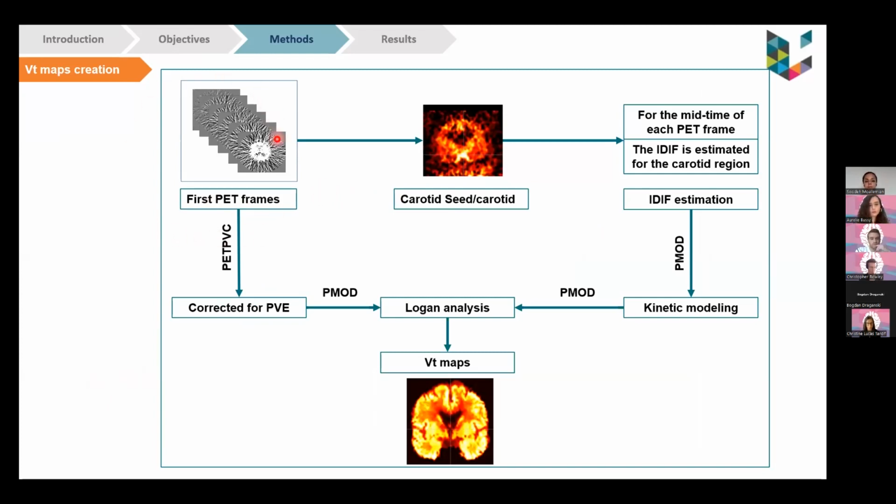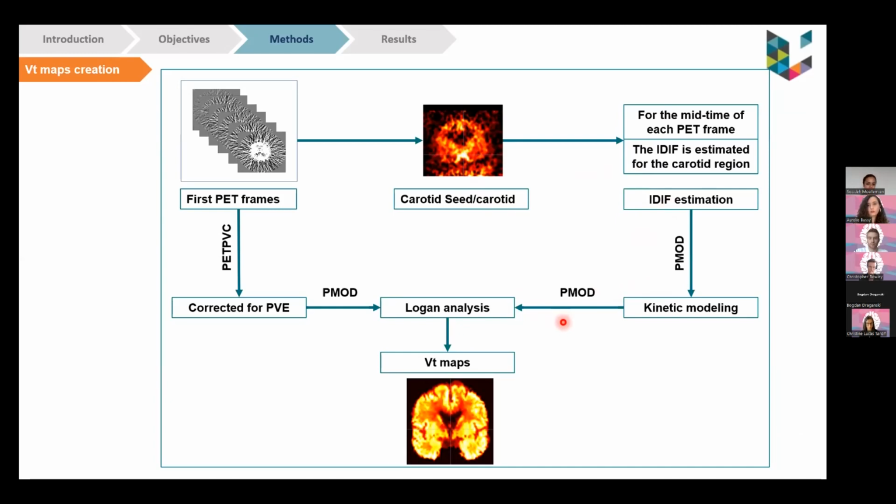From the first frames of dynamic PET, we masked the carotid artery seed and a mask for the carotid is created. Then, using a Pearson correlation between the seed and the mask for the carotid, we calculated the input function for kinetic modeling that is used in PMOD software.